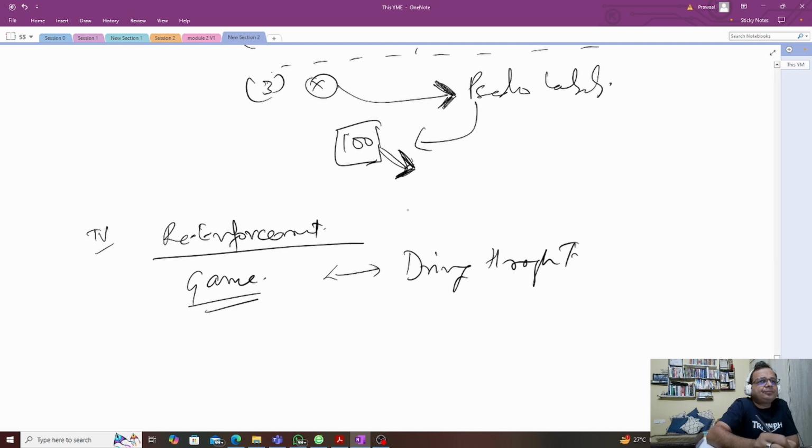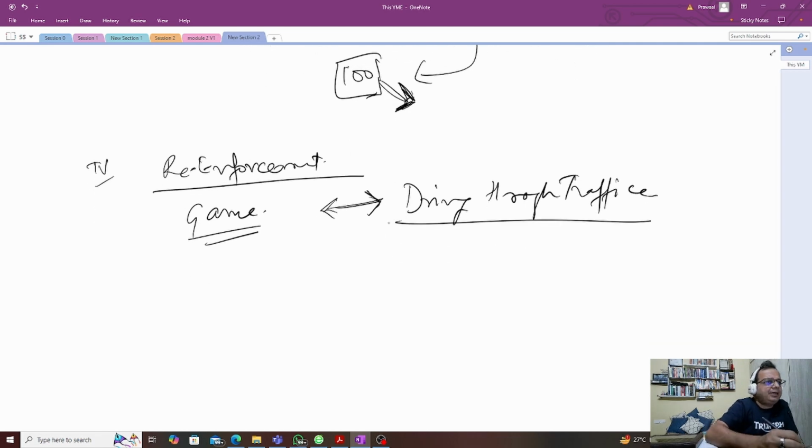Whether you are driving your car from your home to office, or you are playing a game, what happens is that, let's suppose you are in a state S1, you take some particular action.